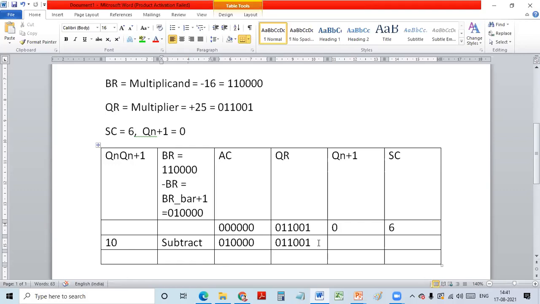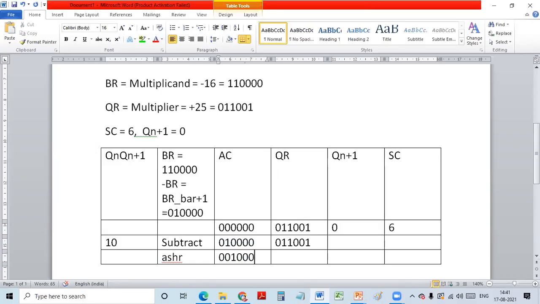After that, what do you have to do? Arithmetic shift right. You need to shift arithmetically AC and QR. The most significant bit here is 0. So the same bit is copied, and the same bit also participates in the right shift. Okay. So 0, 1, 0, 0, 0, 0.